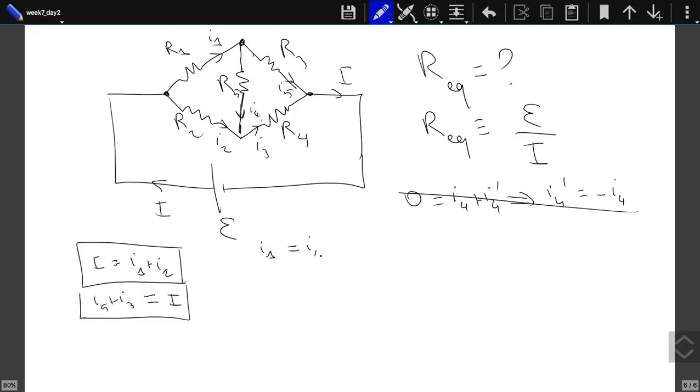Their sum is I4 plus I5. This is my third equation. Well, let's also check this point. The sum of the currents entering that point, I2 plus I4. The sum of the currents leaving that point, that is I3.